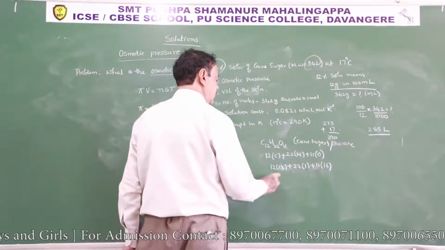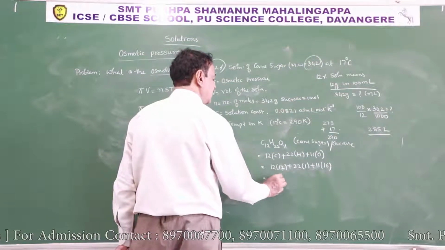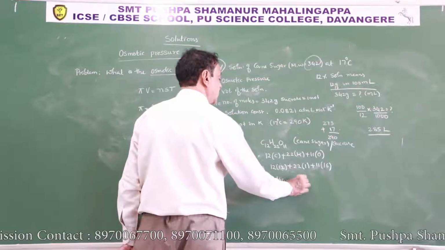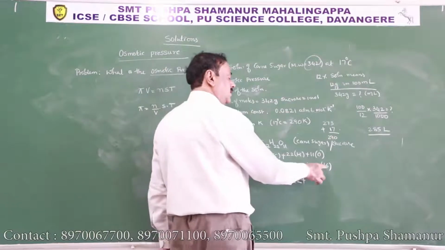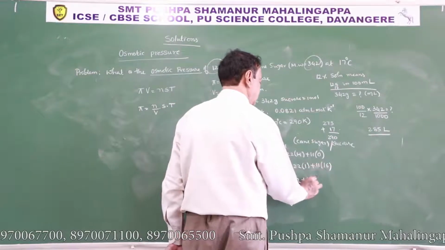After simplification, 12 into 12 is 144, plus 22 into 1 is 22, plus 16 into 11 is 176.